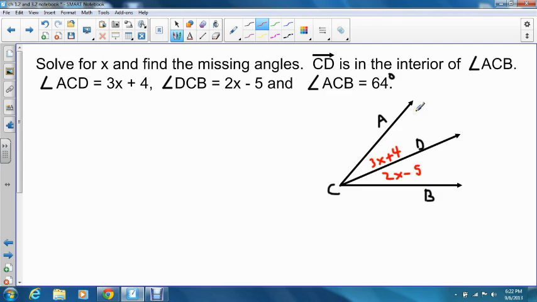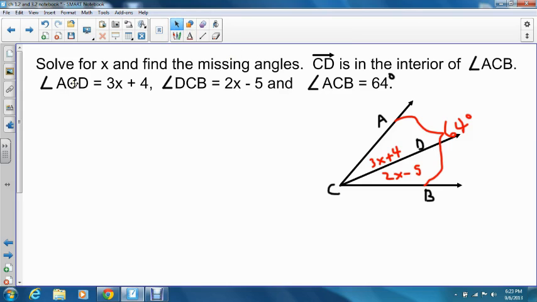And finally it tells me that angle ACB, so this entire angle right there, is 64 degrees. So that's what we're given.